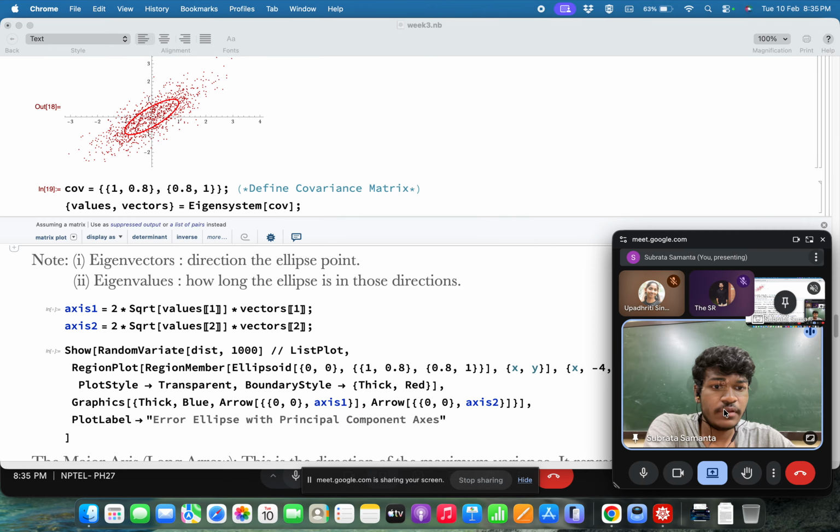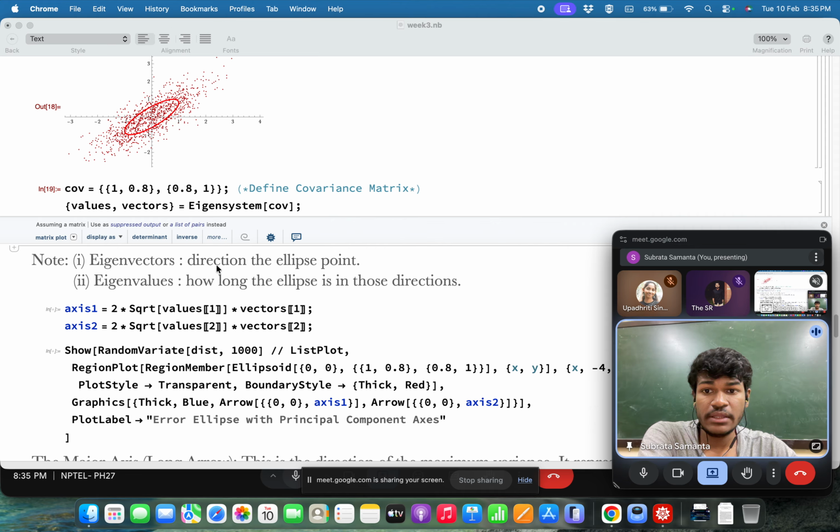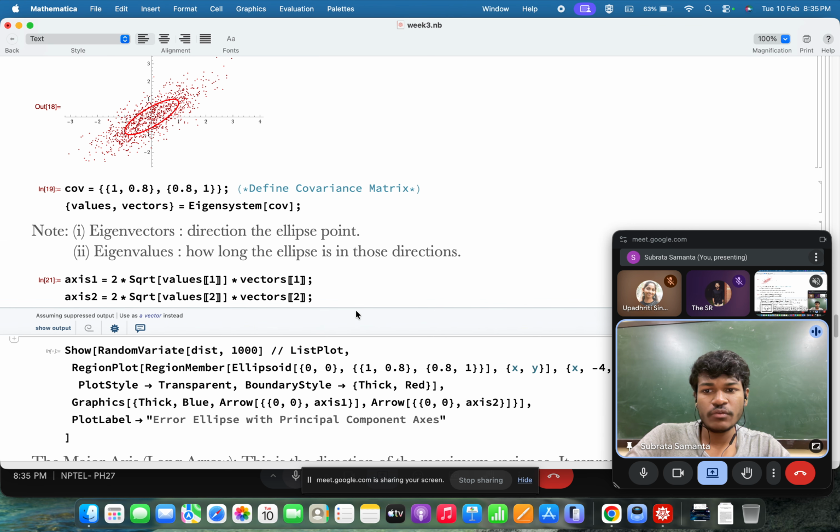The eigenvectors are basically the directions the ellipse points in, and the eigenvalues are how long the ellipse is in those directions. It is basically the length of the arrow that is the eigenvalue, and the eigenvectors are the arrows. I will show. Let us say x is 1 times the square root of the eigenvalues times the eigenvectors, and x is 2 times the square root of the eigenvalues times the eigenvectors.